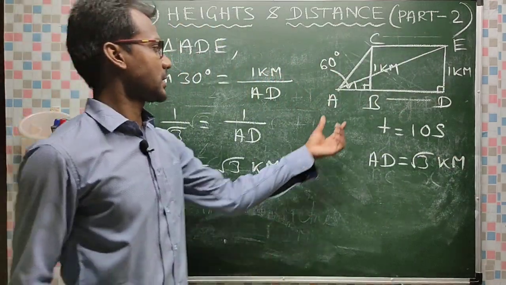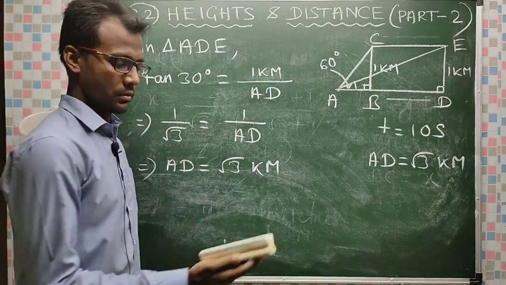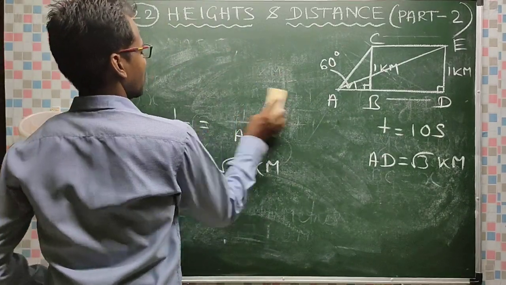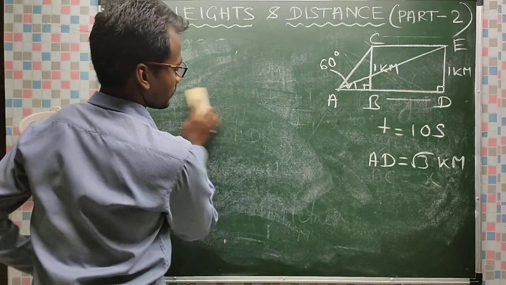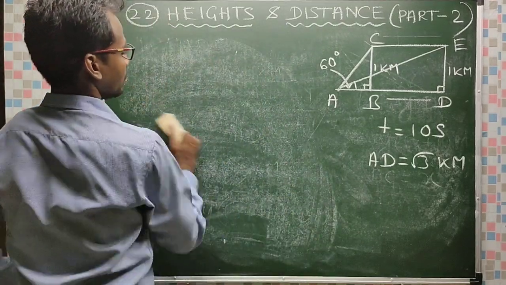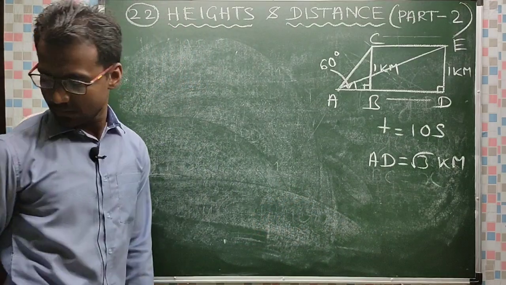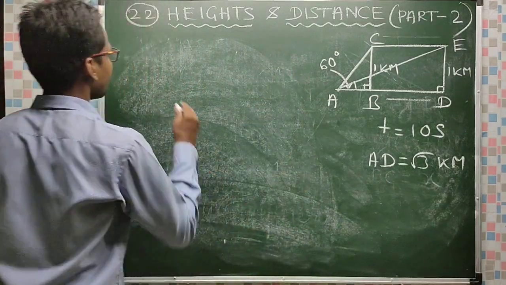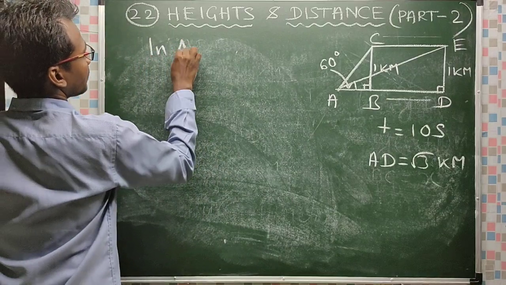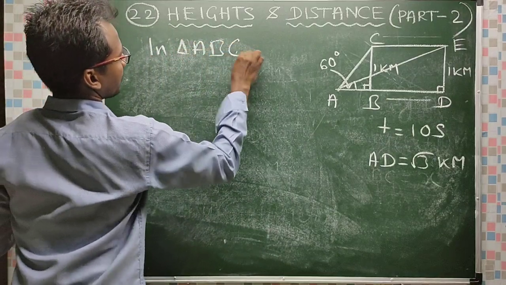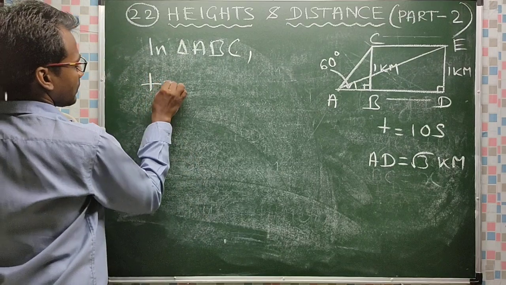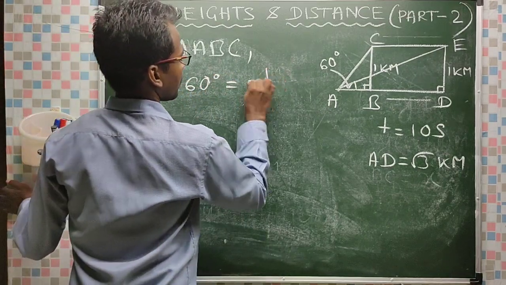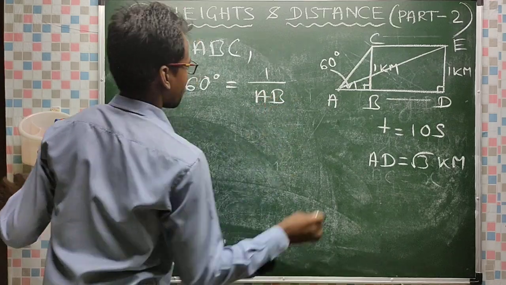Now our next target is AB. So we have to take triangle ABC. In triangle ABC, tan 60 degree is equal to 1 by AB.